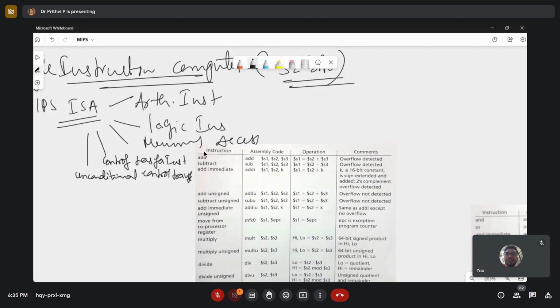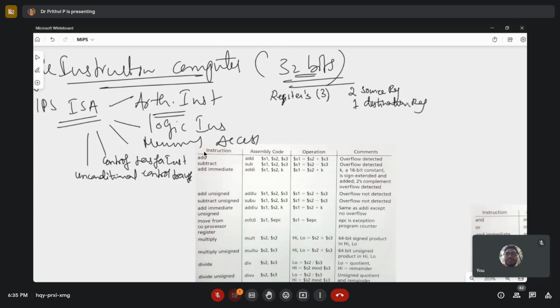First one is arithmetic instruction. As I said, this is a 32-bit instruction. Each instruction is said as one single instruction. Each instruction will have three registers. In these three, two will be the source registers and one will be the destination register.